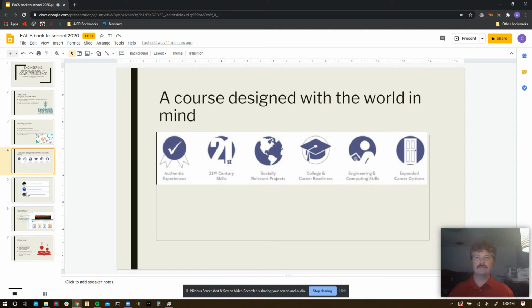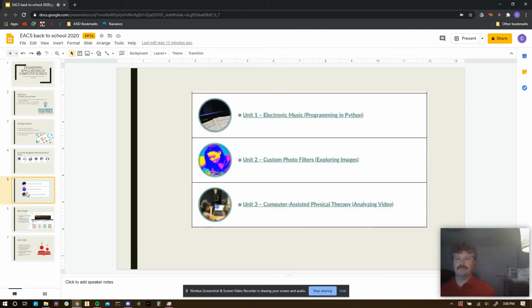Some of the projects we'll be doing over this first semester is we'll be learning Python, the coding language that we've selected for this course, and they'll be programming some music with it. After that, they'll make custom photo filters, kind of like Instagram utilizes, using their own computers and the webcam built in.